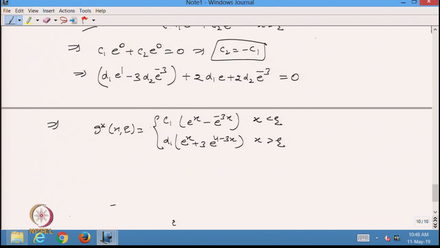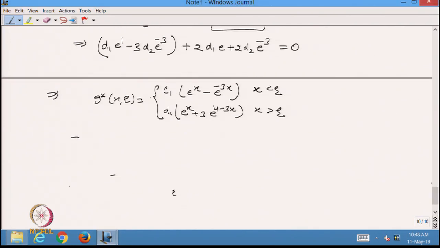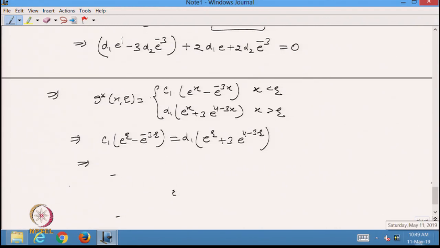Then C1 and d1 again we can find with the help of the properties of the green function. The first is the continuity condition: C1 e xi minus e minus 3 xi is equal to d1 e xi plus 3 times e 4 minus 3 xi. And the second one is the derivative condition.